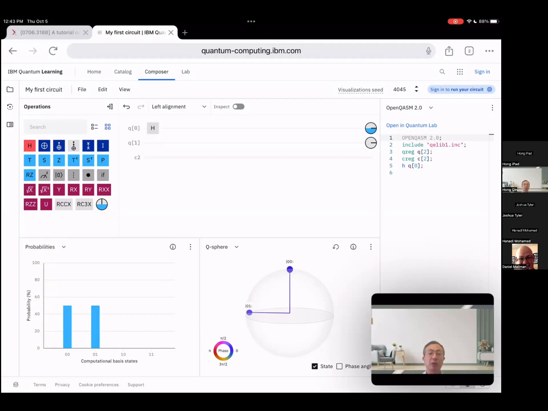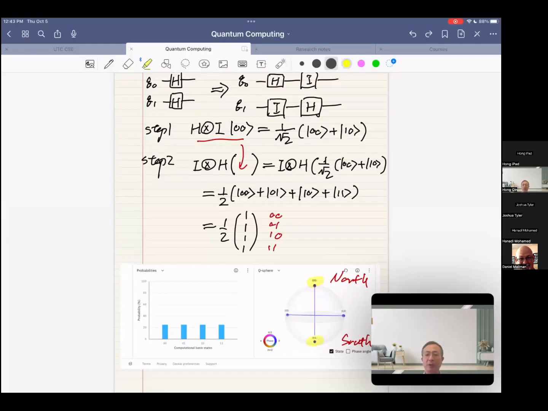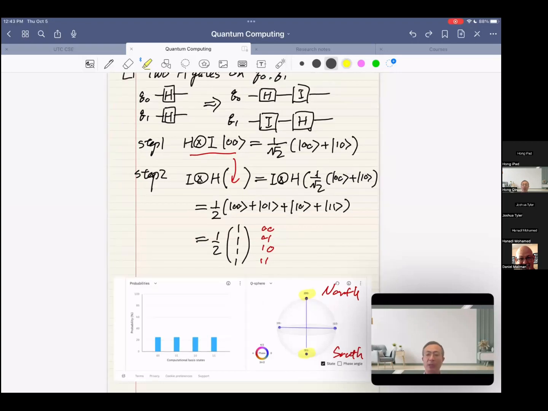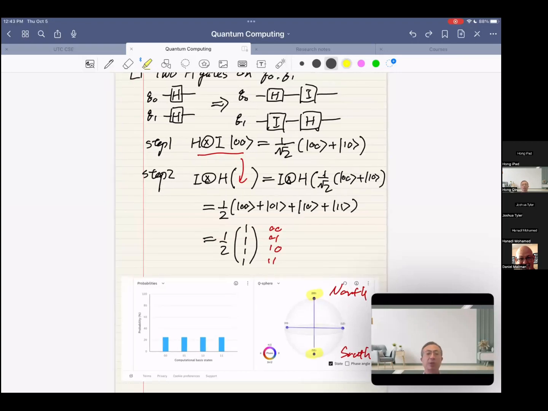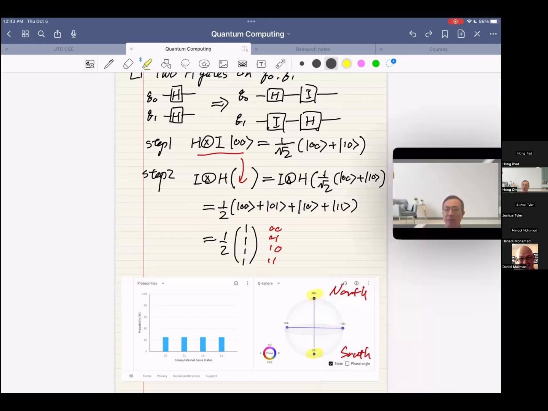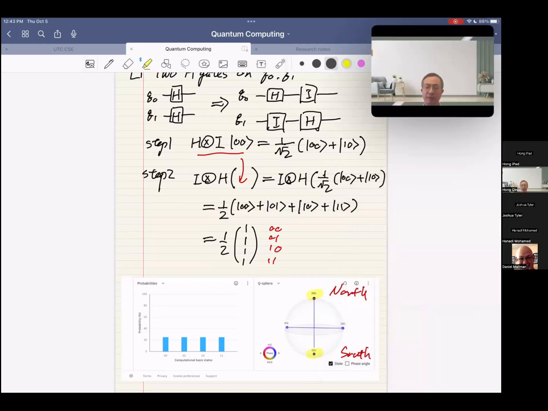But if I move the Hadamard gate to the bottom, to the Q1, you will see which one is now 0 and 1. It's the first bit. So the leftmost bit is Q1. But in most quantum physics or quantum computing, mathematically, the leftmost bit is actually Q0. As long as we know that's the difference, it's okay.